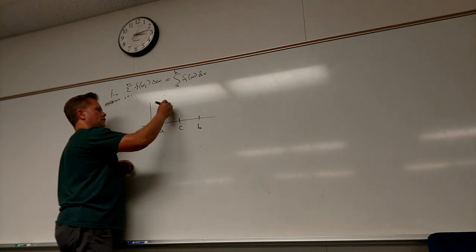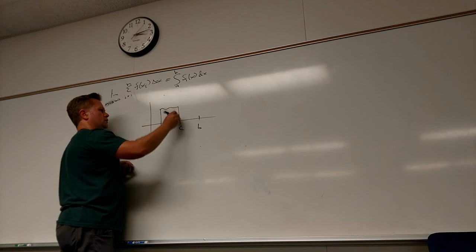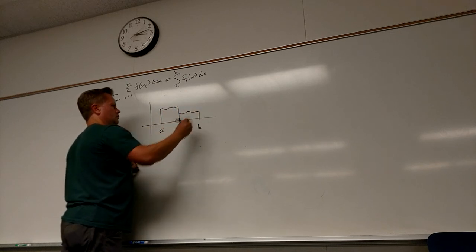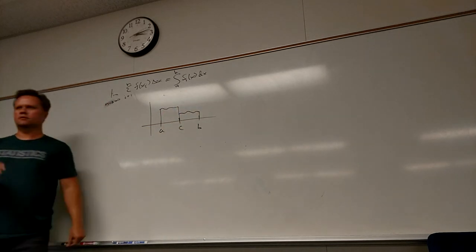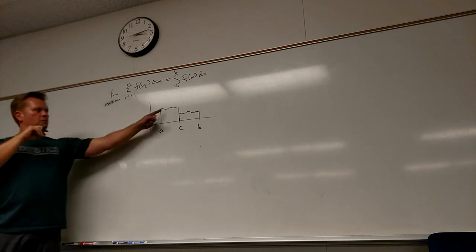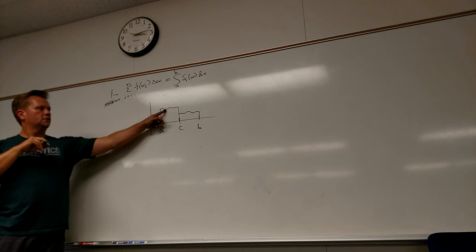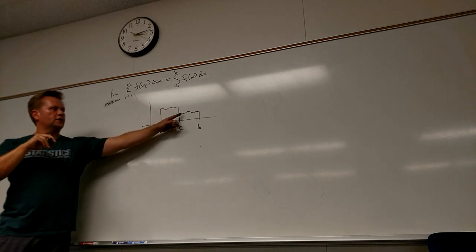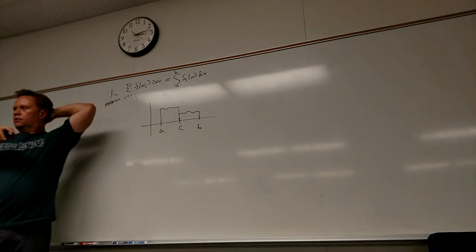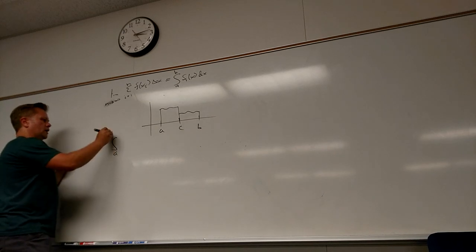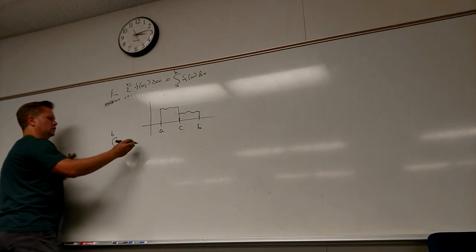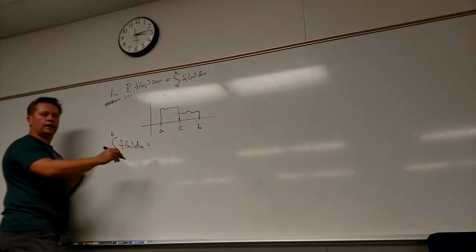So let me give you a situation where we would want to do this. This is maybe a piecewise function, right? Let's make some kind of dampened cosine, dampened sine, whatever. So if I want the integral from a to b of this piecewise function, I want to break it up.